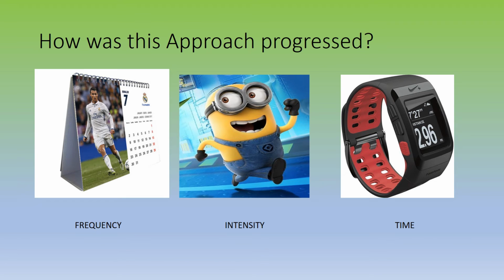The third aspect we need to consider is how was the approach progressed. Remember about your principles of training. You need to ensure that you're progressing through overload. So what aspect will we overload? It can either be the frequency. So rather than doing it 2 times a week, you might decide, I'll do it 3 times a week.